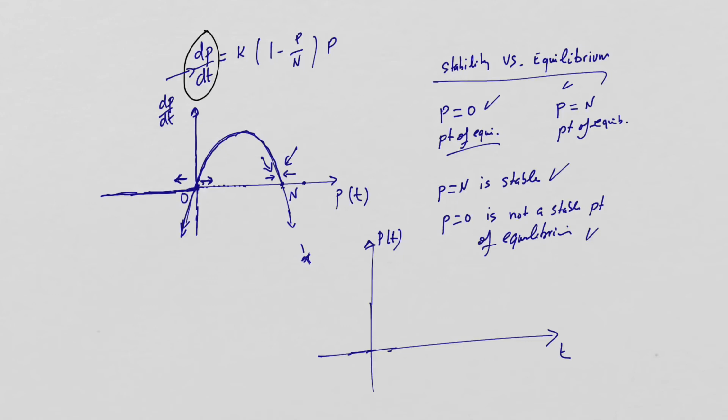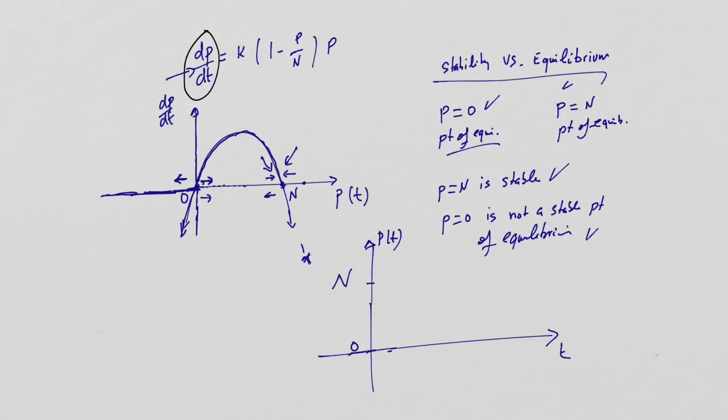So, we have two points of equilibrium: p equals 0 and p equals n. If p is between 0 and n, look back at the graph.